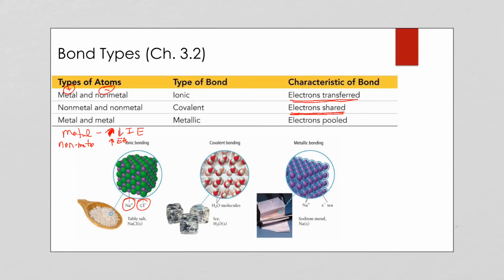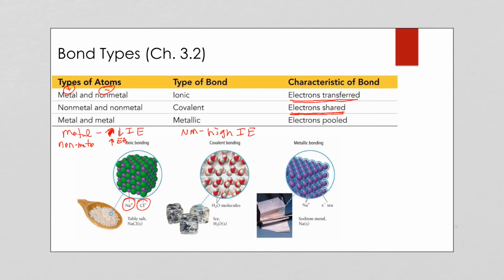Because we have only nonmetals, right, and nonmetals have high electron affinity, but they have high ionization energies as well. Meaning they really don't want to lose electrons.